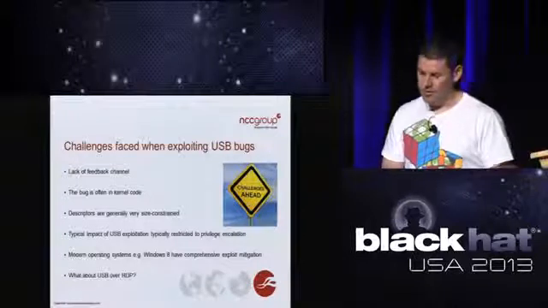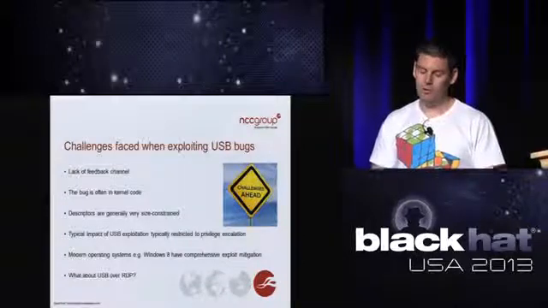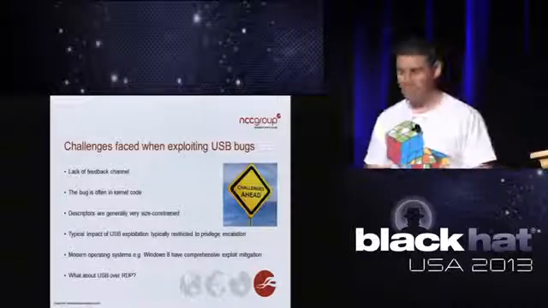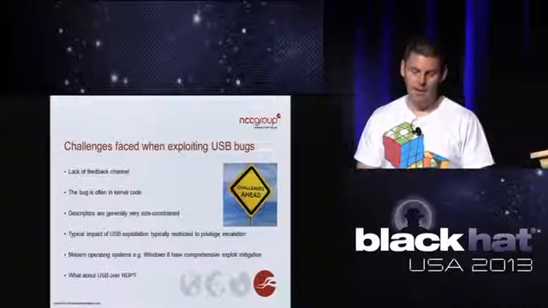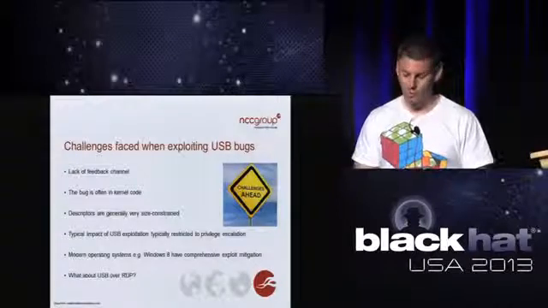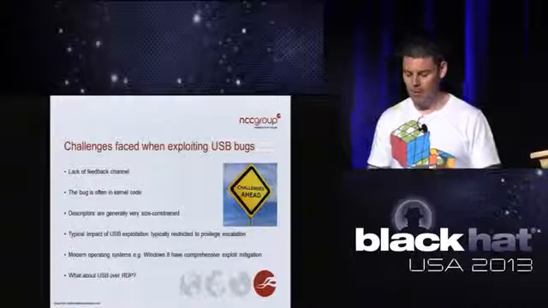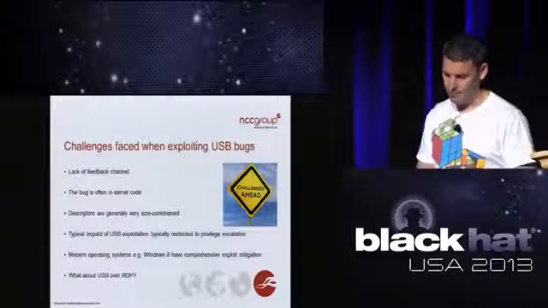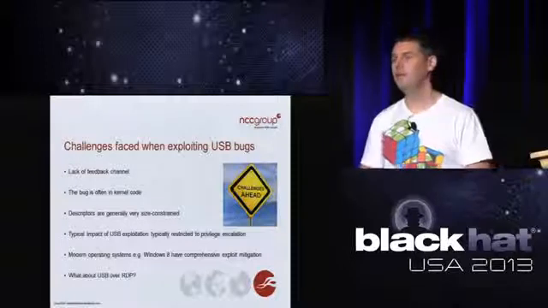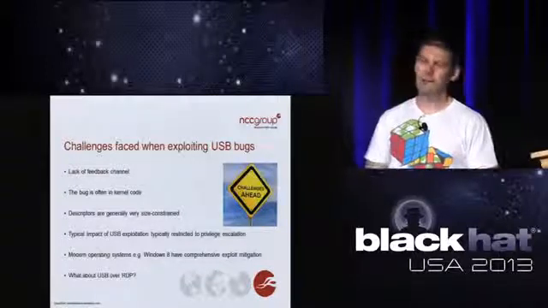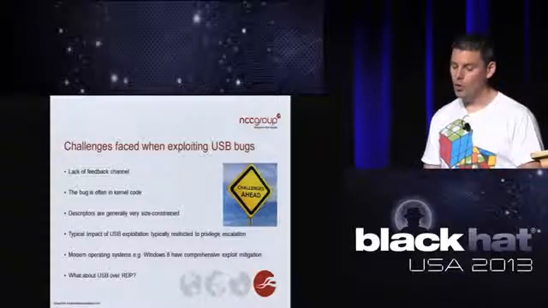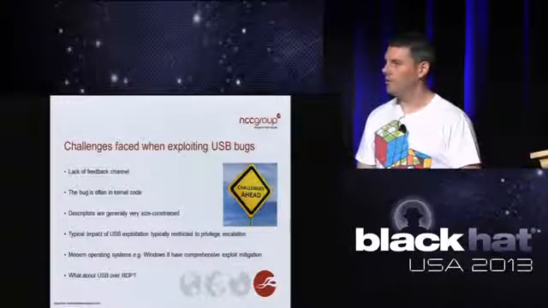The bug's often in kernel code, which, if you can exploit it, is great because it provides the possibility of privilege escalation, but also makes it quite difficult to exploit from a memory corruption exploitation perspective. The descriptors themselves, if you find a bug that can be triggered as a result of, let's say, some kind of buffer overflow, you're quite size constrained within your descriptors.